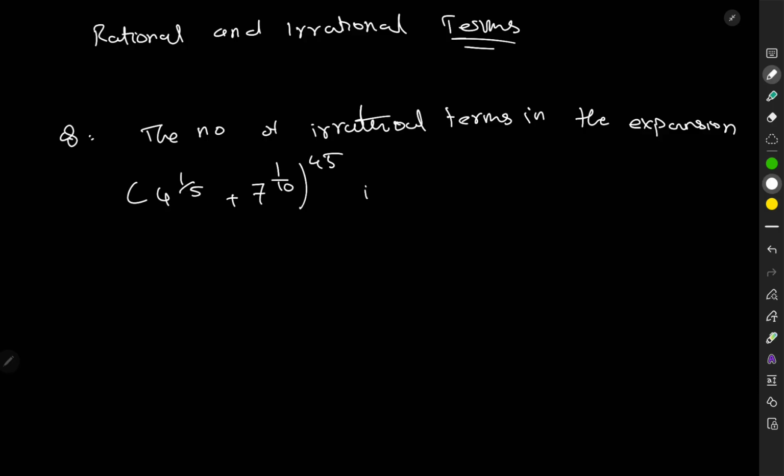Okay, so as you all know, n is equal to 45. So total number of terms will be equal to n plus 1, which is 46, right? So we need to find how many rational, how many irrational.